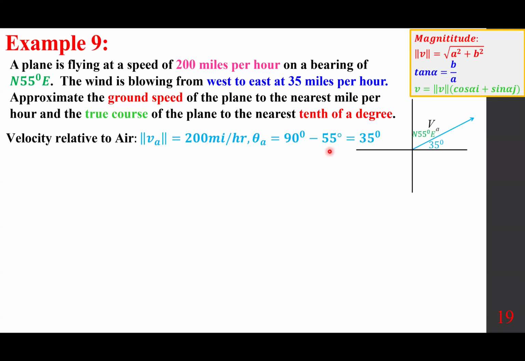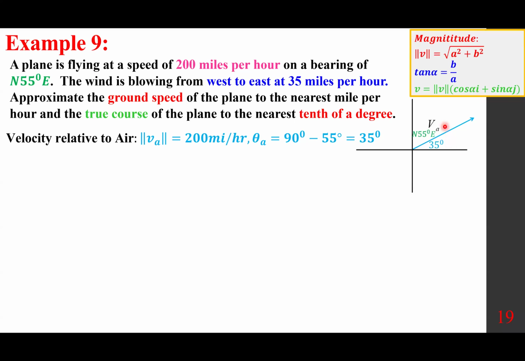And this angle, which is theta, remember, direction, in this case, alpha for this vector is 35 degrees. It's going north 55 degrees east, but the vector direction is 35 degrees.